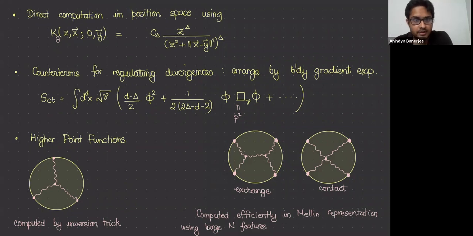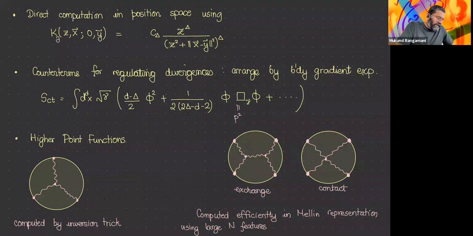You said something about taking z to 0 in the first equation here. Could you repeat what that is interpreted as? I'm saying that if you think of what the bulk to boundary, I sort of spoke too fast. If you take z to 0 here, this Poisson kernel becomes a delta function.